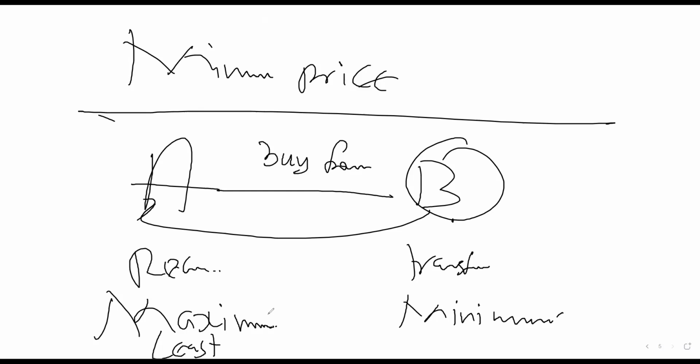Imagine the same thing I'm buying from you. Some people are selling it at 3 cedis, 5 cedis, 4 cedis, and even 2 cedis 50 pesewas. And you are selling to me. So how much do you think I'll be willing to pay? The least on the market, because if I go to the market, I'll get it at 2 cedis 50 pesewas.